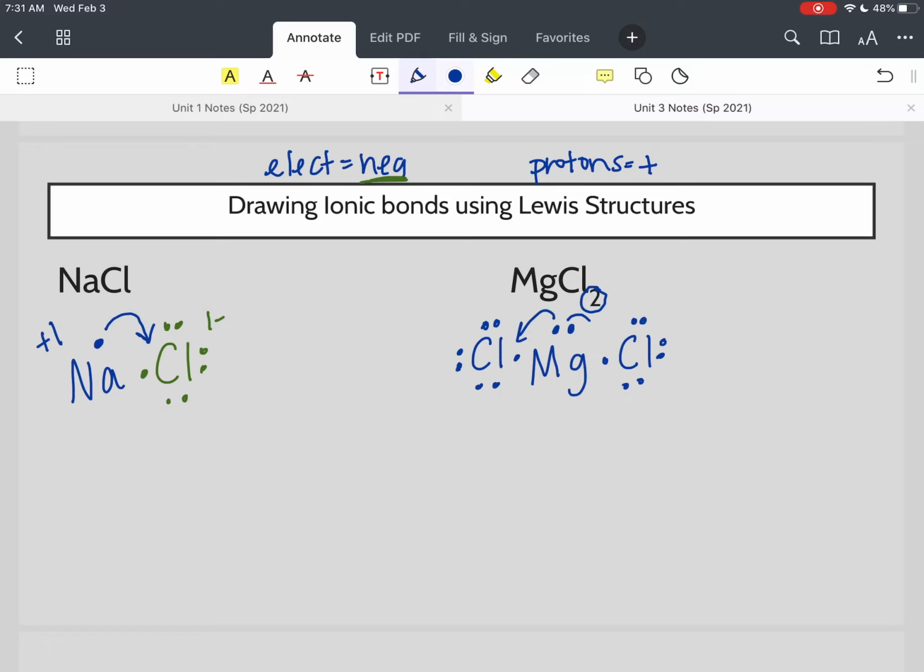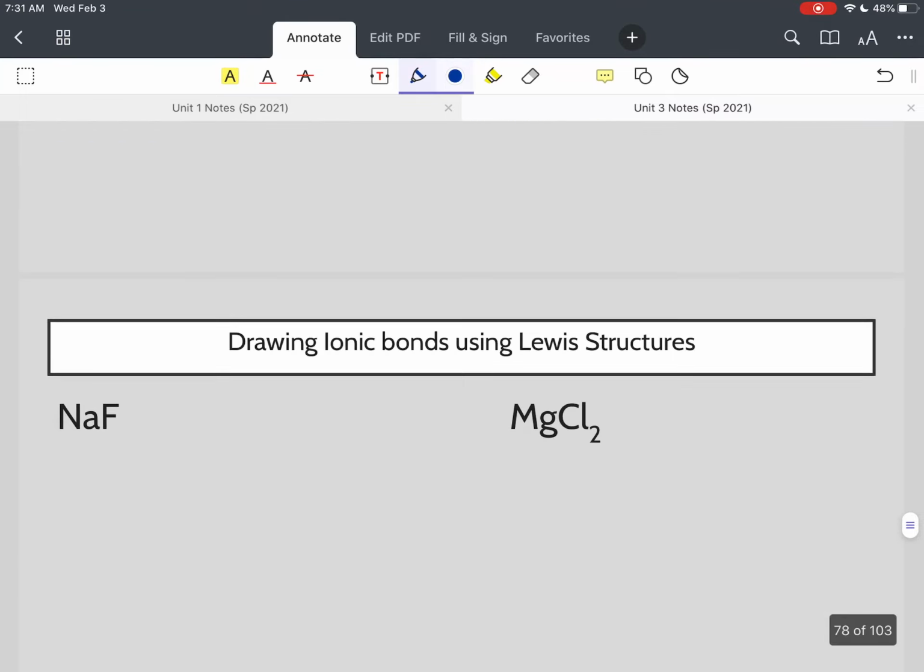So they're actually going to take 1 each from magnesium, because remember, we said magnesium wants to lose those 2 electrons. So if each chlorine has gained a negative electron, they have a 1- charge. But my magnesium has lost 2 negative electrons. So remember, now it has 2 extra positives. So my magnesium is going to be a 2+. Okay, the charges are usually what's the most confusing.